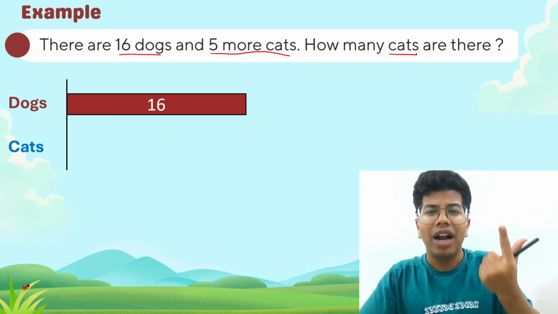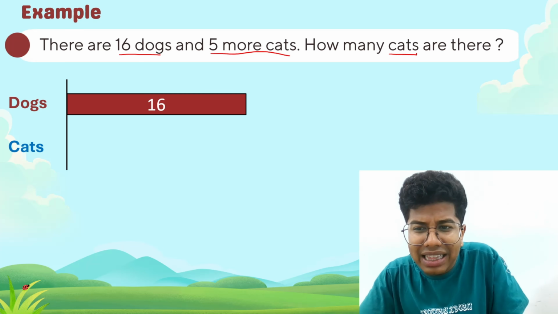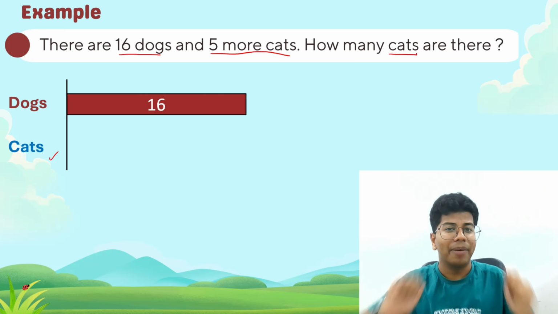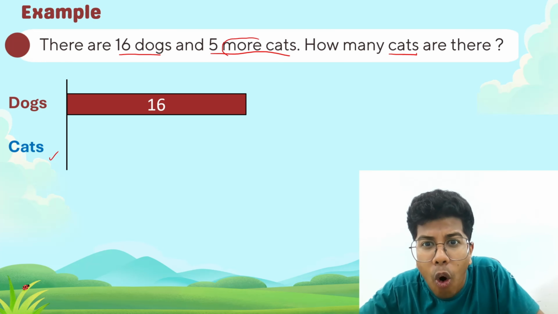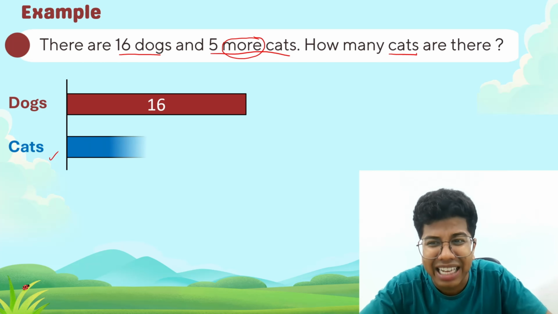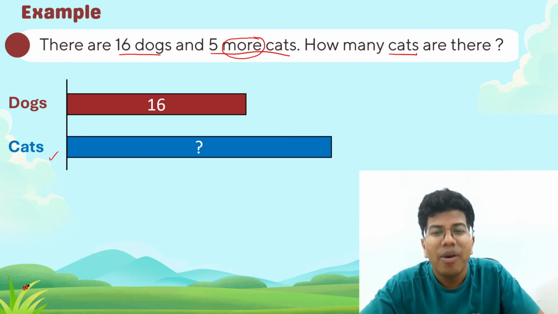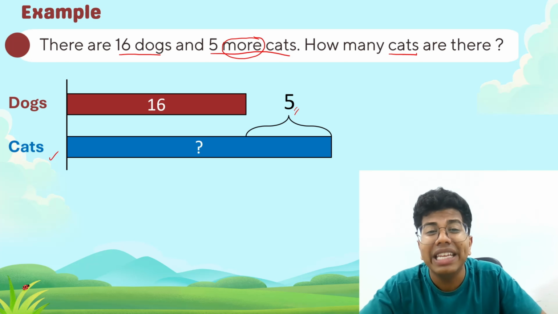5 more means which part? The extra part. So cats, if there are 5 more, the rectangle that I need to draw for cats should be bigger or smaller or the same? Oh, cats are more. So if they are more, I need to draw a bigger rectangle. So let's draw a bigger rectangle. And now, what is the extra part? Yes, it is 5. Now, how many cats are there?